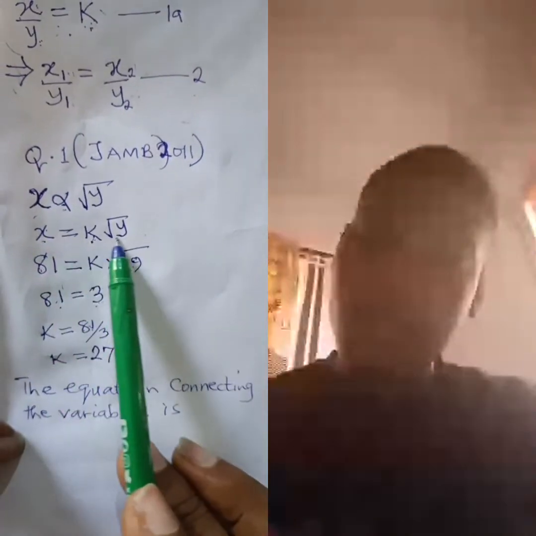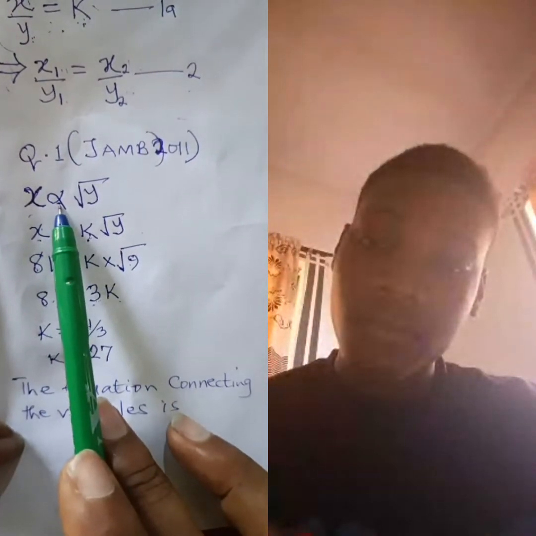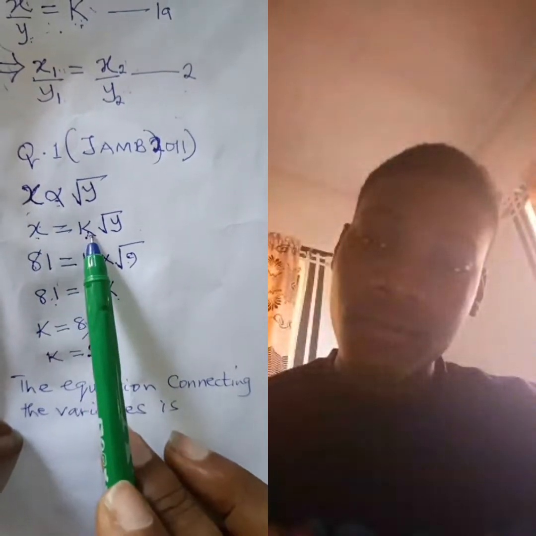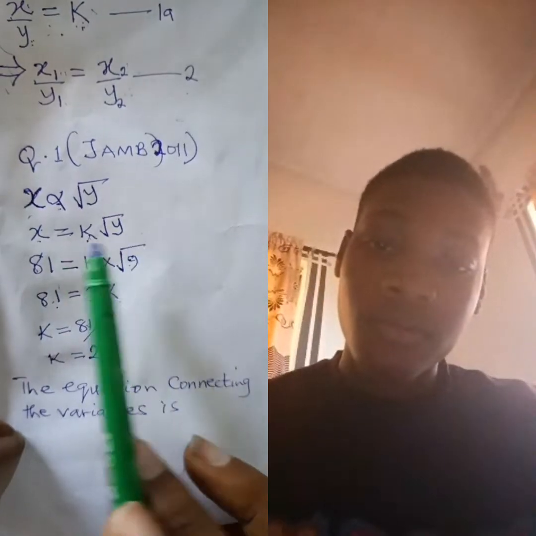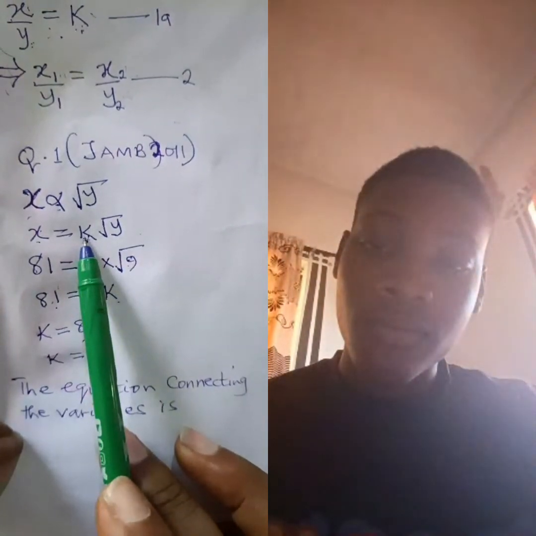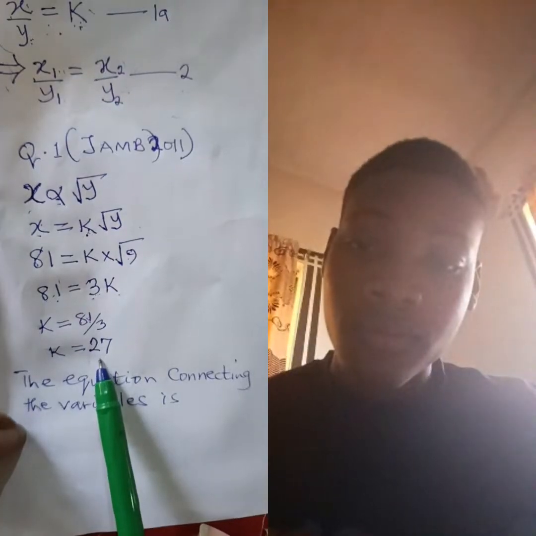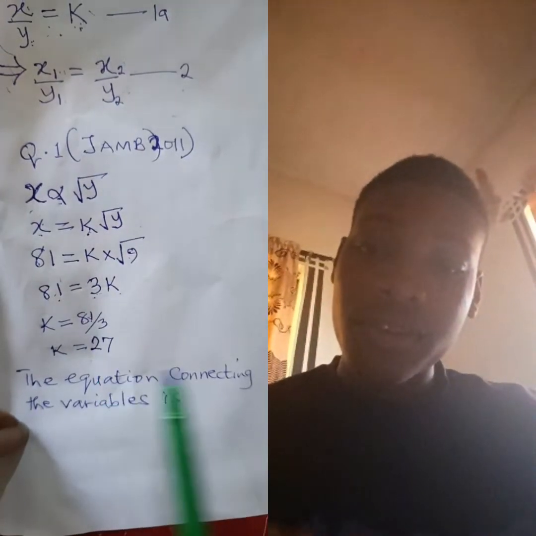Then go back to this equation where you remove this proportionality sign and introduce equal to and a constant. Copy everything you have there, but replace the value of K that you have gotten. What is the value of K that we have calculated? 27.